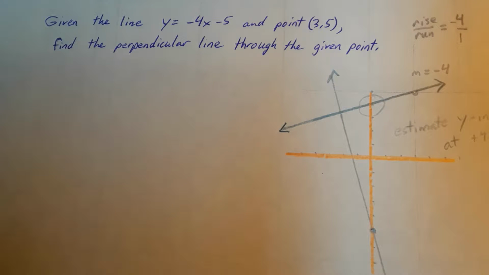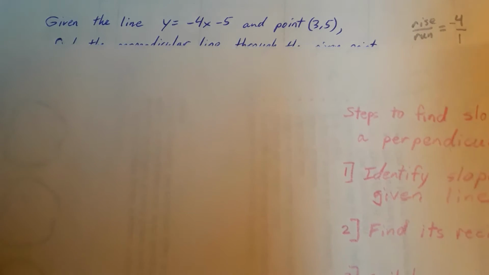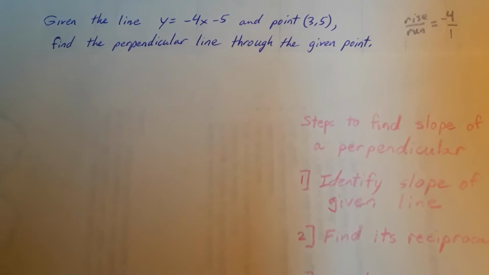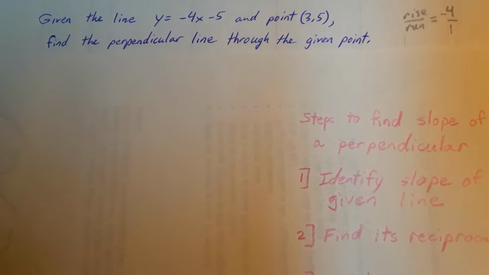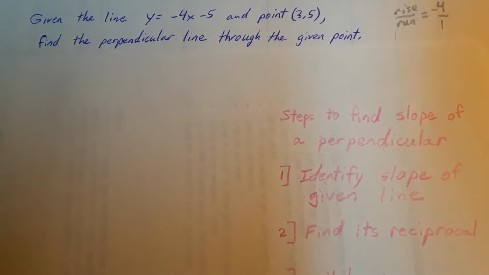To find a perpendicular, I have some steps here that I want to kind of use to guide me. And I have 3 steps. I want to identify my original slope.